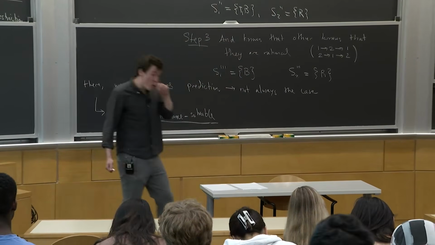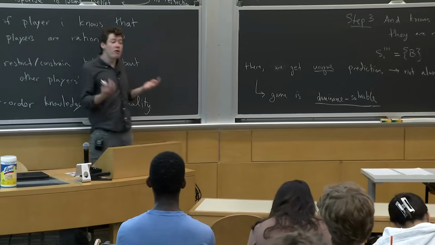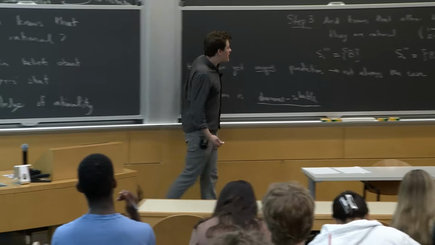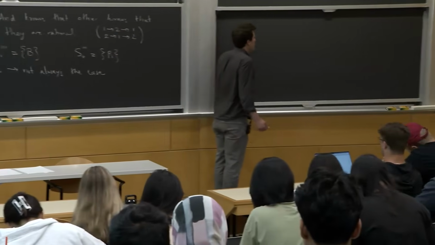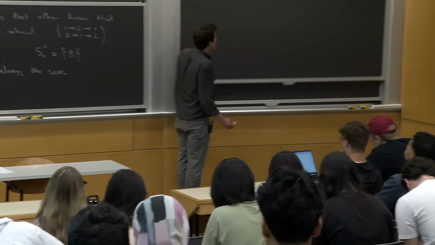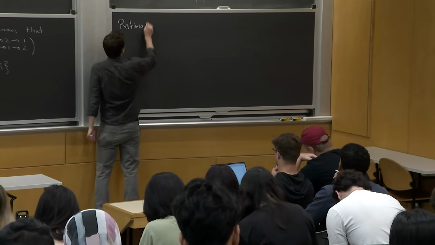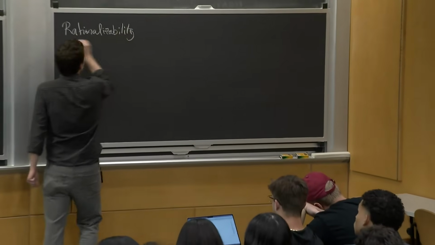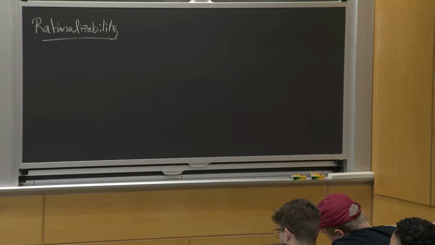So now we'd like to formalize this. We went through it in an example, but let's introduce the formal algorithm that goes through this procedure. This algorithm is called rationalizability, or it has two names. Rationalizability is really a statement about the strategies that survive this algorithm.